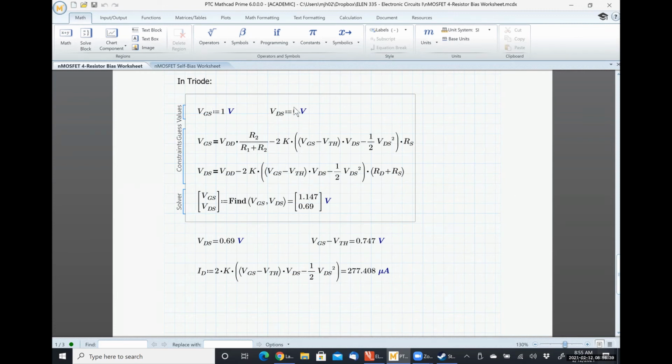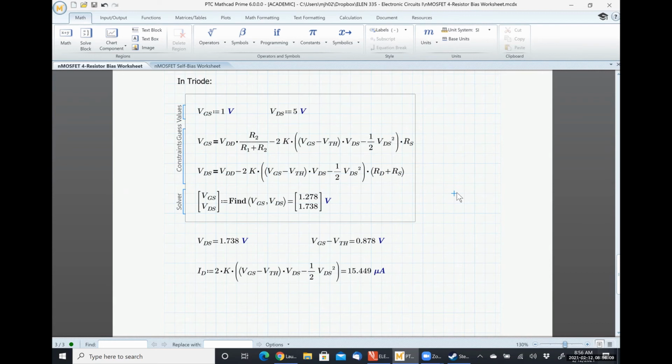So I got these numbers, but if I were to do what I normally do, and just put everything with a guess value of 1, well, it's not working right now. Of course it isn't. So if I chose a larger guess value for VDS, I can see that VDS is larger than VGS, which would be not operating in the triode region.